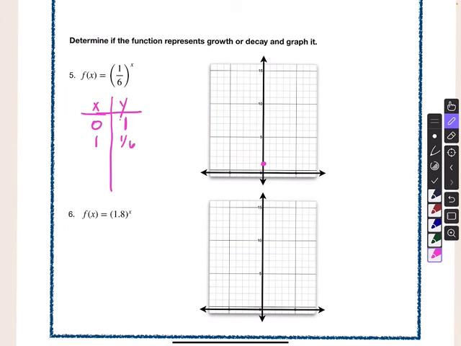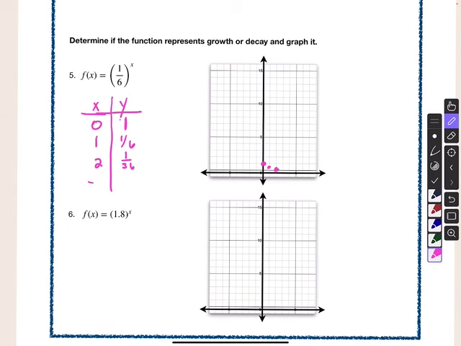Remember, if x is 1, then it goes through whatever the base is. So 1/6. Right there. My graph looks a little bit off. I don't like that. Then we could put 2 in there. That'd be 1 over 36. But at this point, we're getting almost impossible to graph.